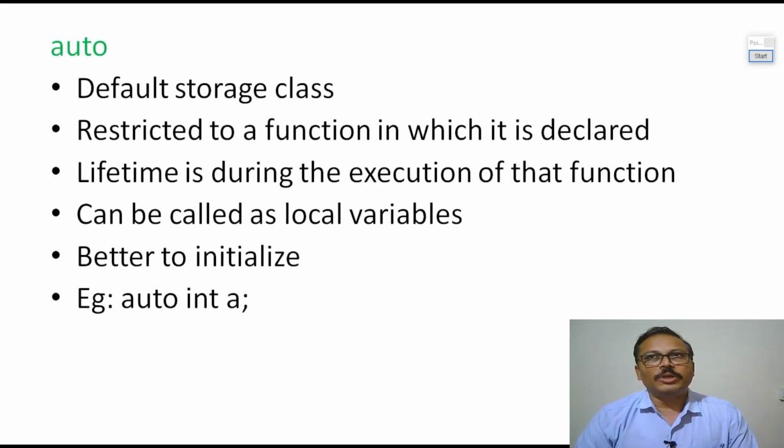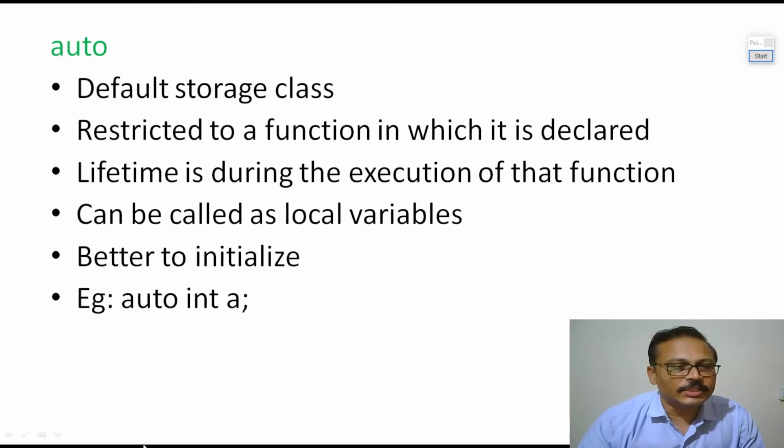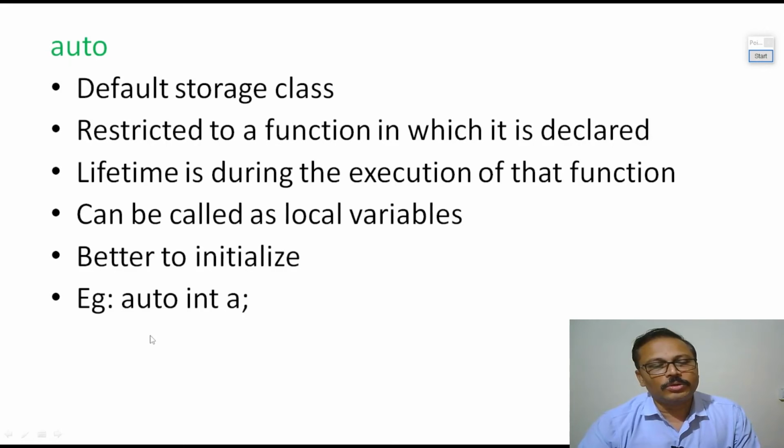So for example, you want to find the sum of say 2, 3 and other numbers, then before you write a statement like sum equal to sum plus a, it is better you initialize it: sum equal to 0. Initialize like that. This is the general syntax for declaring auto: storage class name, data type, and then the variable name.